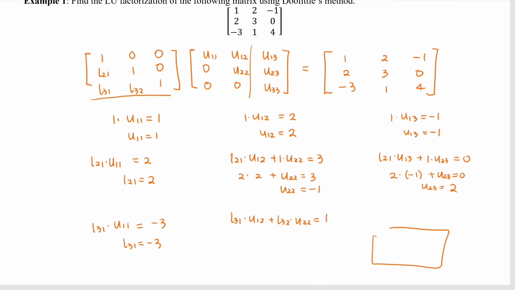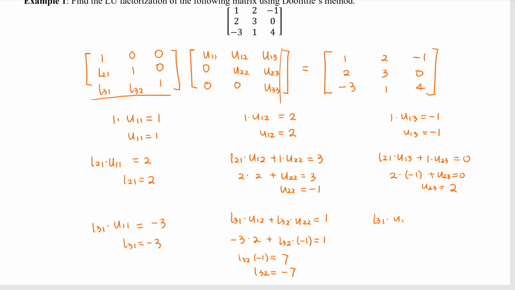Okay, L31 is negative 3, U12 is 2, L32 is our unknown, U22 is minus 1. So we get L32 times minus 1 is 1 plus 6. 1 plus 6 is 7. So L32 is minus 7.